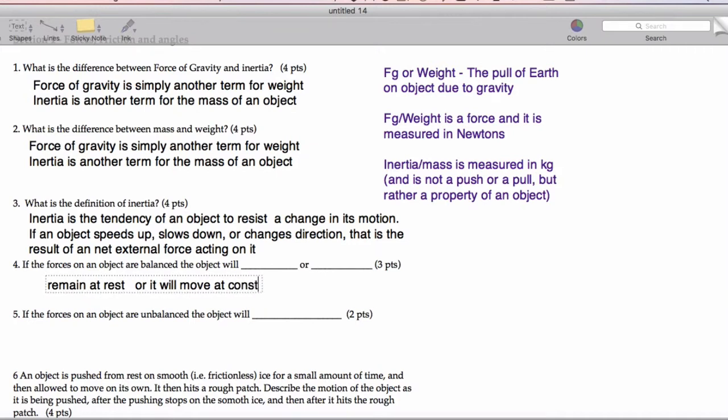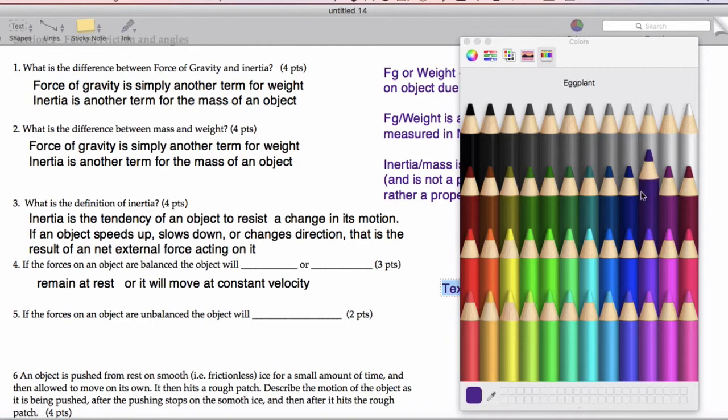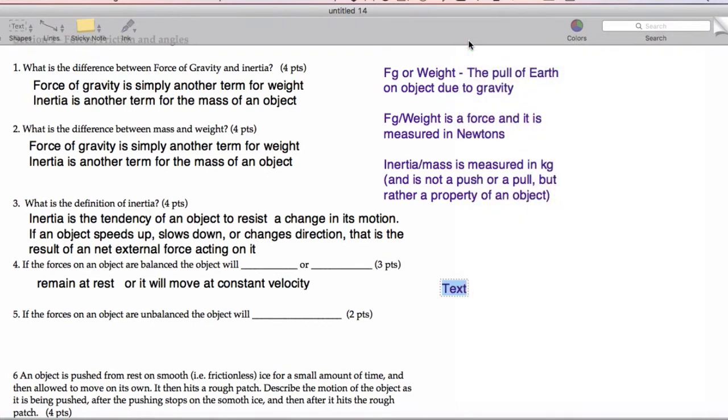And let's be clear on what we mean by constant velocity. Constant velocity means we are moving in a straight line at steady speed.